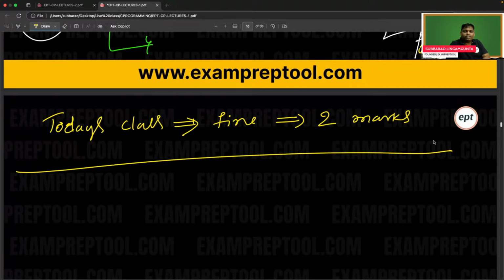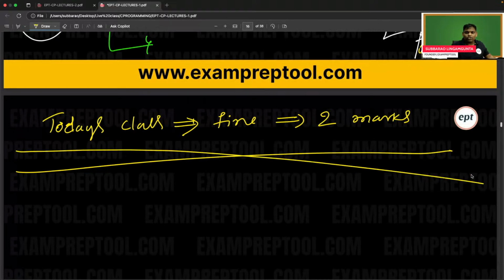Srishti Bhaiya, Namaskar. Today's class, if you are fine, pakka 2 marks you will get.